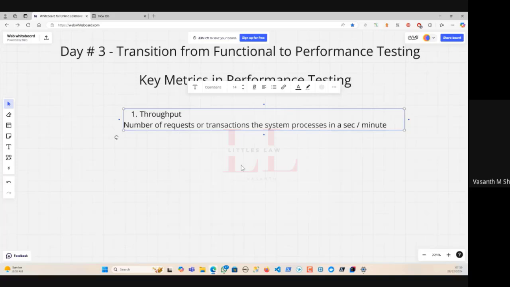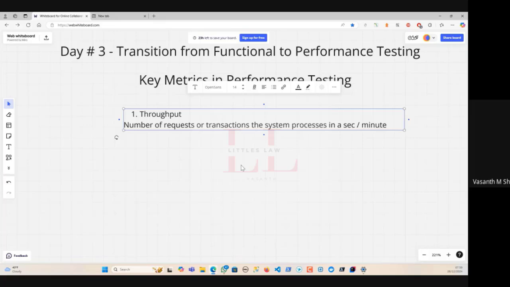So the throughput is very important because this tells you how effective or how capable your server is. The throughput should be high because you can send any number of requests. If you're sending 1000 requests, that should get processed, and if you're sending 10,000 requests, that also should get processed, because the users are waiting outside.